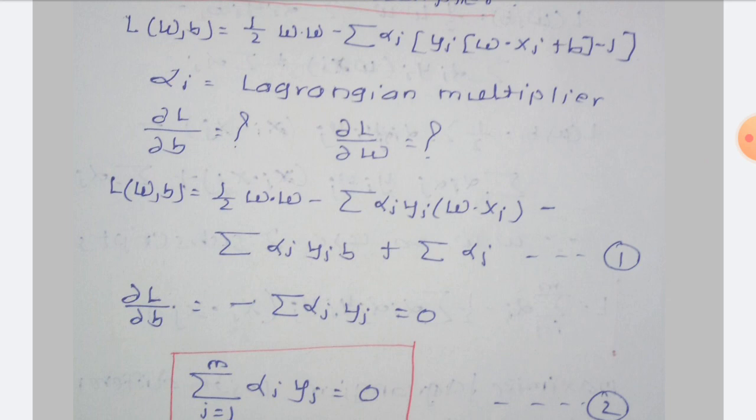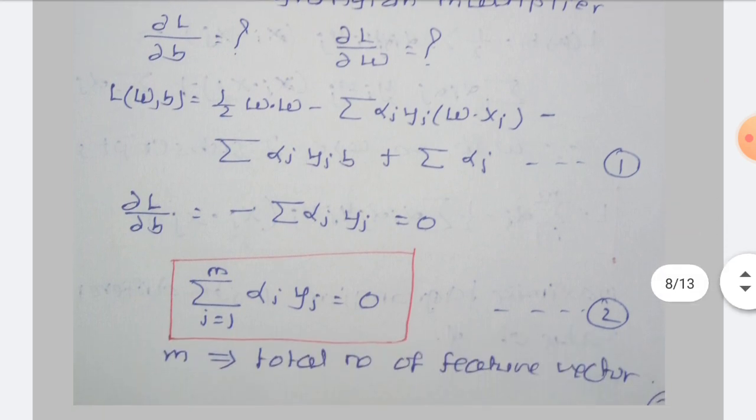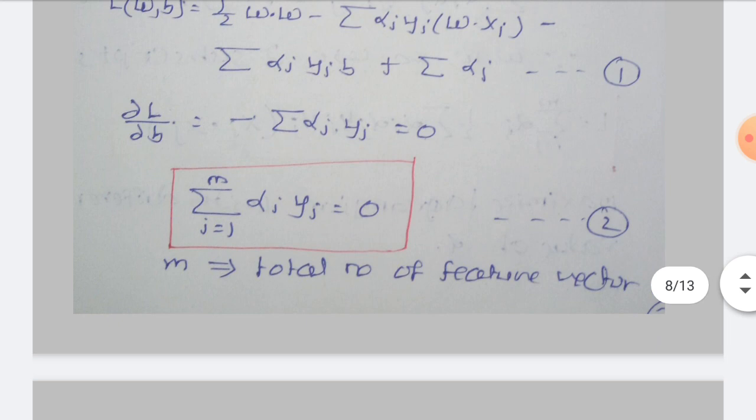That's why ∂L/∂b is equal to minus summation of alpha i yi equal to 0. I have written this as summation from i equal to 1 to m, where m is the number of feature vectors given for design, of alpha i yi equal to 0. Let us consider this as my second equation.